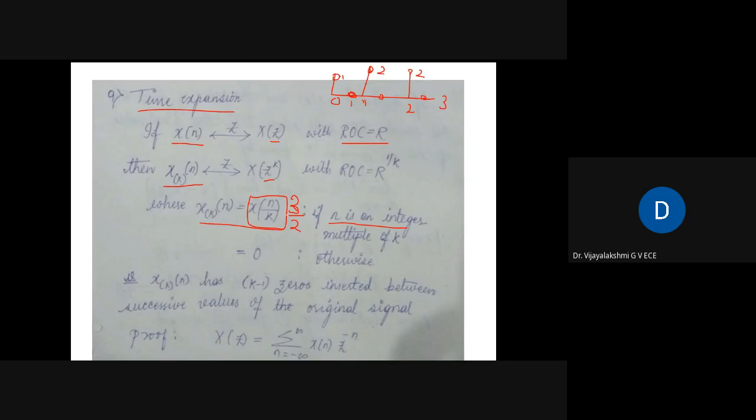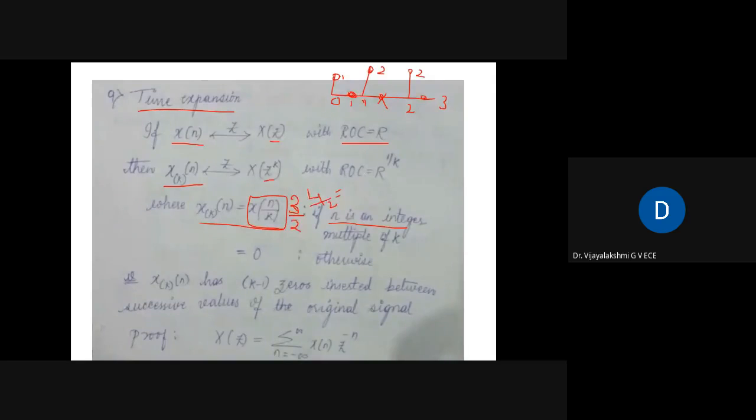Here n is not an integer multiple of k. N is 3, so if I divide, I get 1.5, which is not defined. But if I take n equal to 4, then 4 by 2, I get x of 2. So I can define the sample at x of 2.